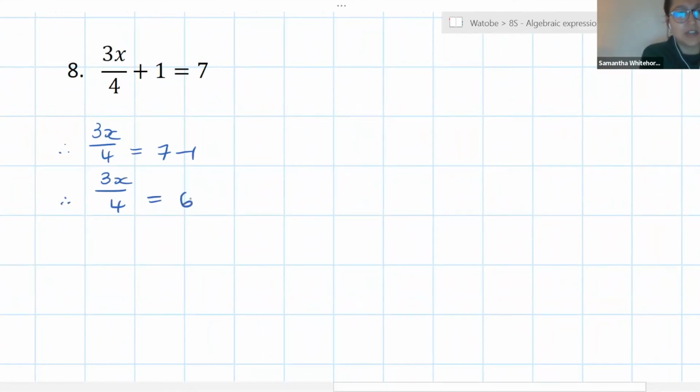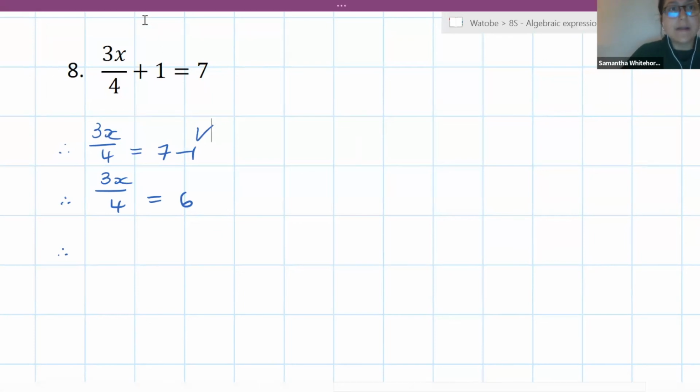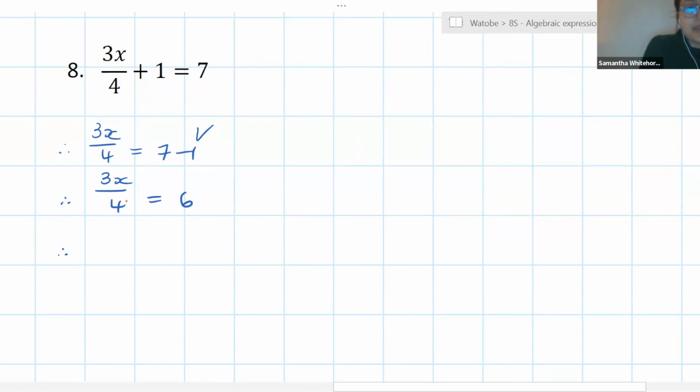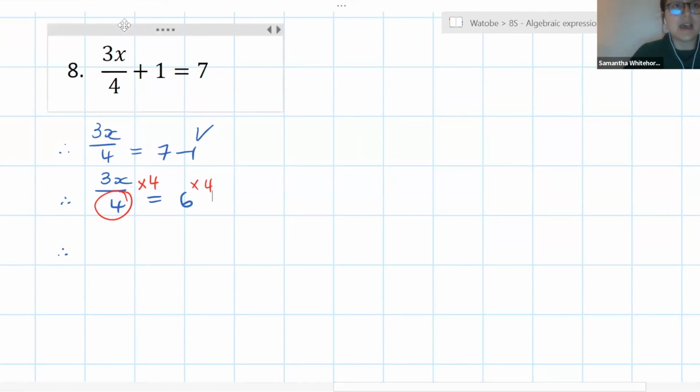Well done. Okay, so guys, what's really important when we get fractions is, like I said to you, we always deal with what's been added or subtracted first, which is why we subtracted 1. But the second I have fractions, what I actually want to deal with first is the denominator. Now, because that was a division by 4, my inverse operation is to times both sides by 4, which means that I have got 6 times 4, which is 24.